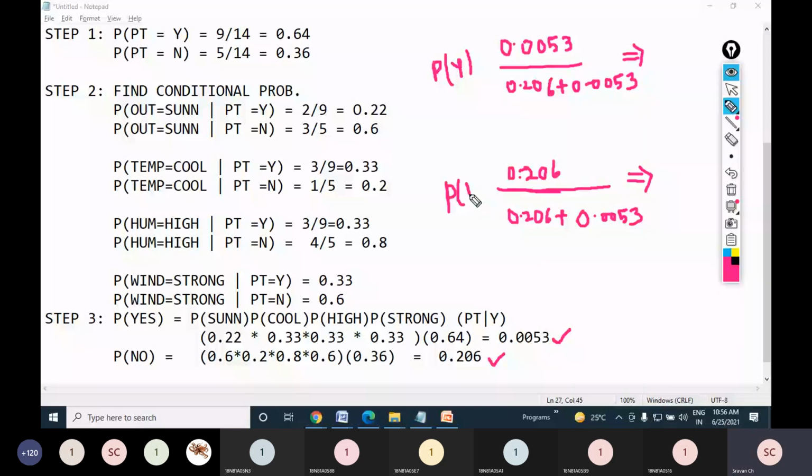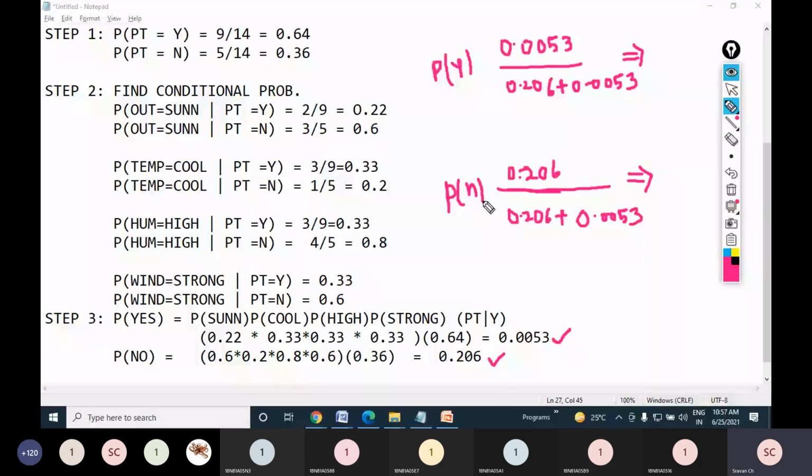Fine. Now, can we calculate this? Can anybody do it, or I'll just do it on my mobile phone? Just give me 1 second. If you have done it, well and good. So first, let me calculate this sum, 0.206 plus 0.0053.